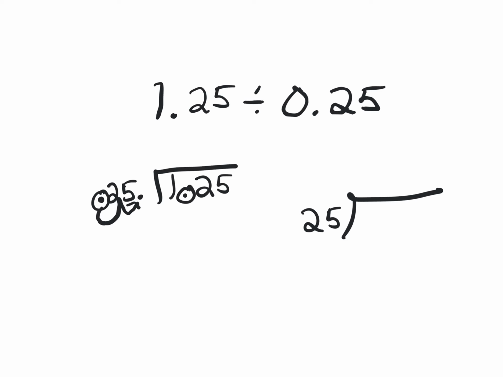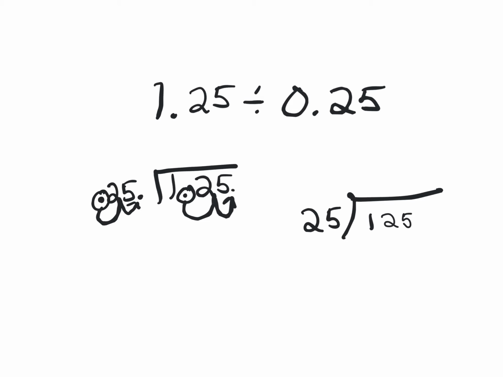So this decimal, because the outside one went twice, the inside decimal goes twice. 1 and 2, which gives us 125. Now, what if it doesn't give us a whole number on the inside? Is that still okay?